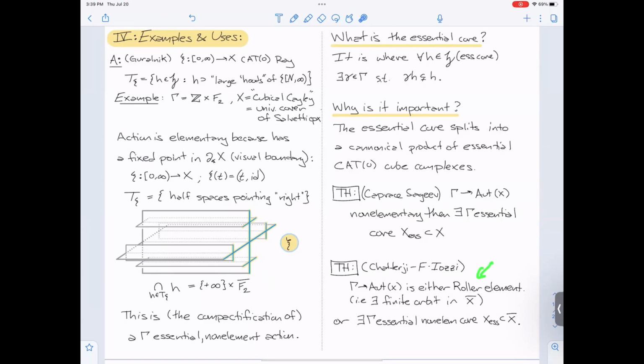But we were able to say, even if your action is elementary, either you have a finite orbit in the Roller compactification, or you have an essential core, which is possibly at infinity, and that's totally fine. You just look at this quotient and you move on, and it is essential and non-elementary. And this is an example of such a case.